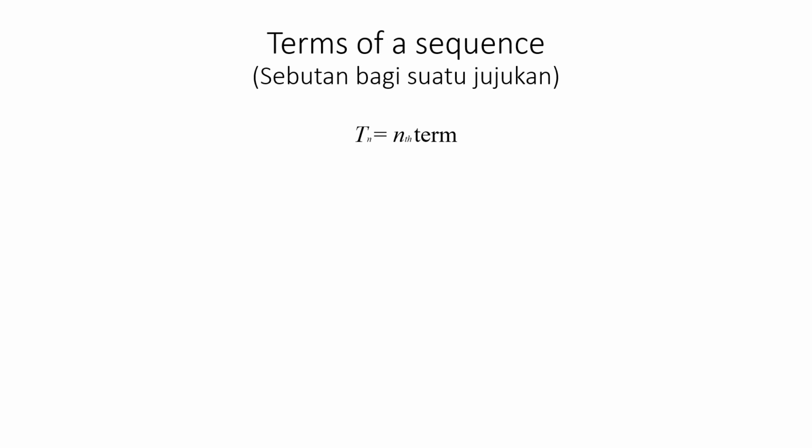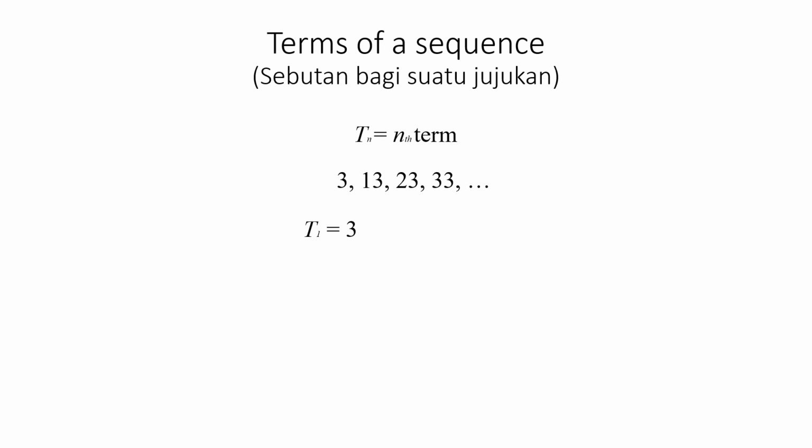The nth term in a number sequence is written as Tn, whereby n is the position of the term. For example, for this sequence 3, 13, 23, the first term is equal to 3.